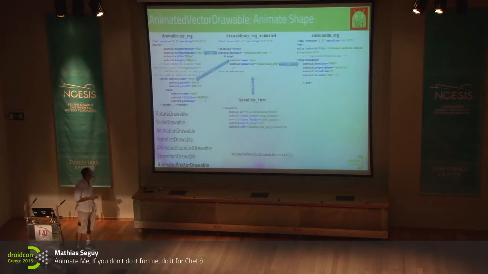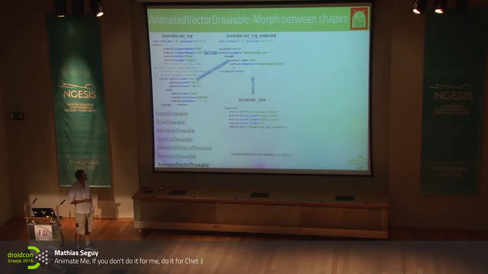Okay. And the other thing is that we can make morphing between two shapes. Okay, this is from hamburger to arrow. You saw that: the hamburger, the three lines, and the arrow. So we can do that, it's morphing.